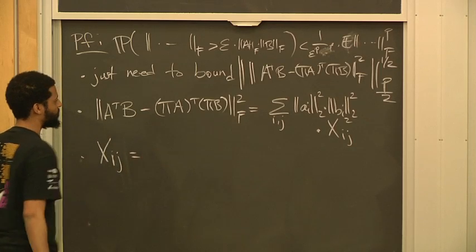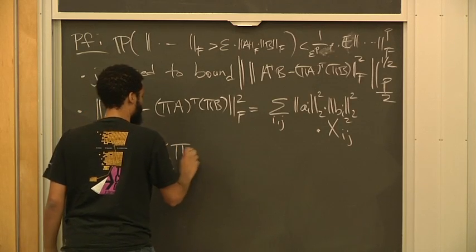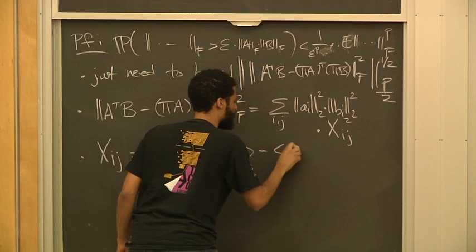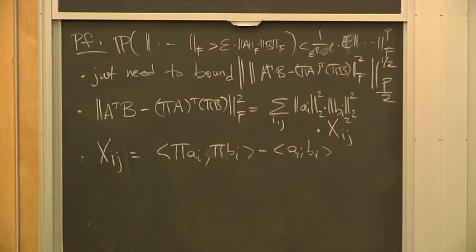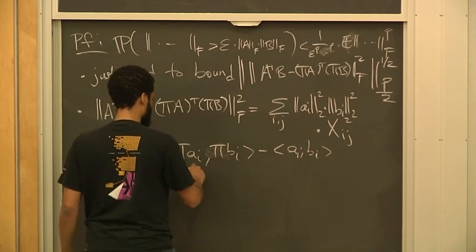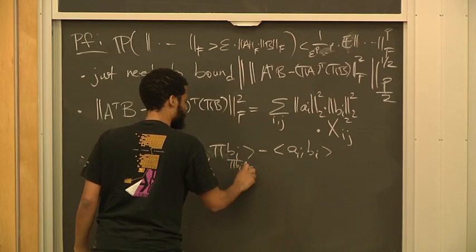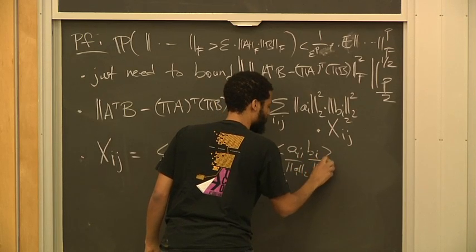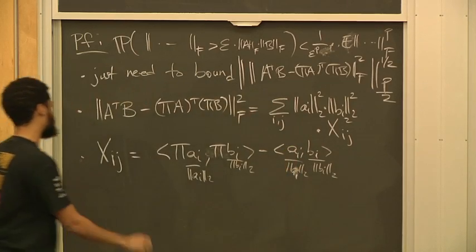Xij is equal to pi ai dot pi bj minus ai dot bj, over the norm of ai, over the norm of bj.